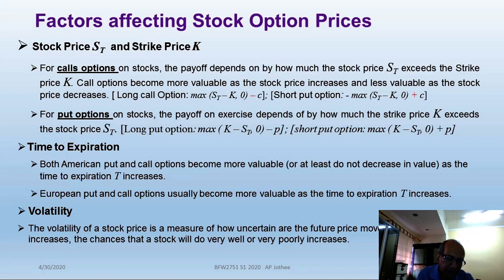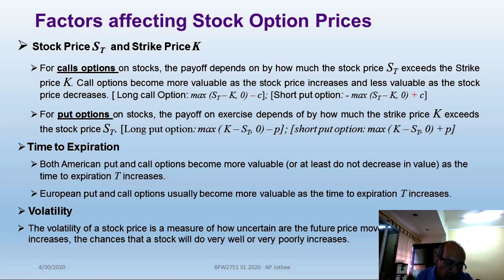When you want to do early exercise for a call, if you exercise it today, you have to exercise it at K. And what about the ST at that moment? If the ST is above K, then you want to exercise it. But definitely, if you have more time to go, you will be willing to wait for the ST to go further up.